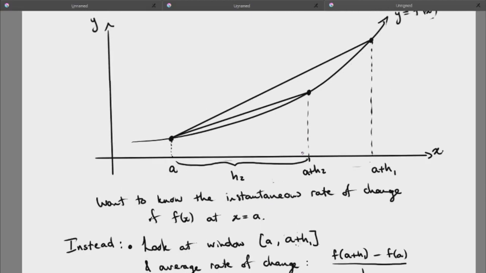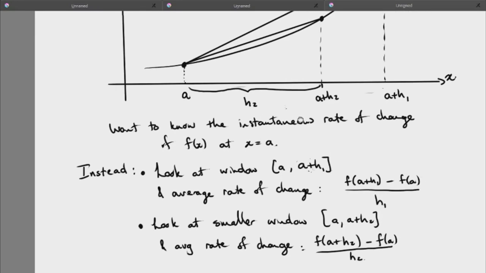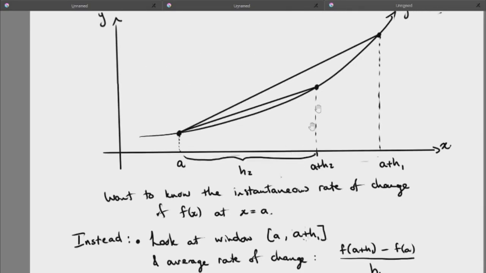That the second one is a better guess than the first one. Okay. But it's still not great, especially if my graph goes up and down a lot. This is a nice smooth graph.